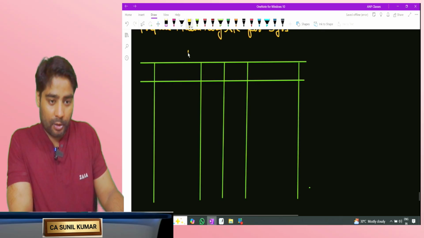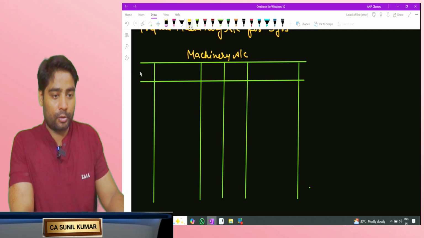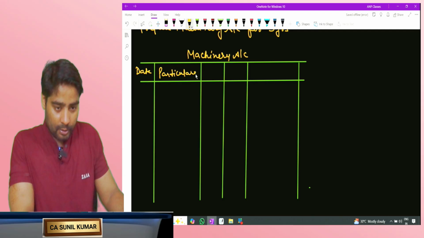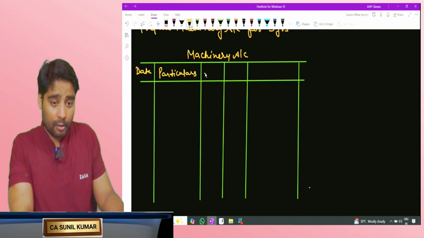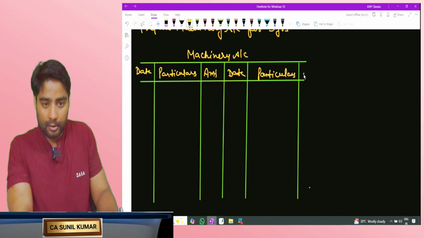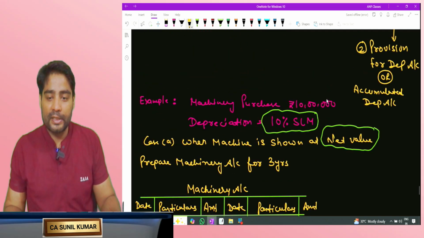Write down machinery account. So the columns are date, particulars, then amount, then date, particulars, and then amount.